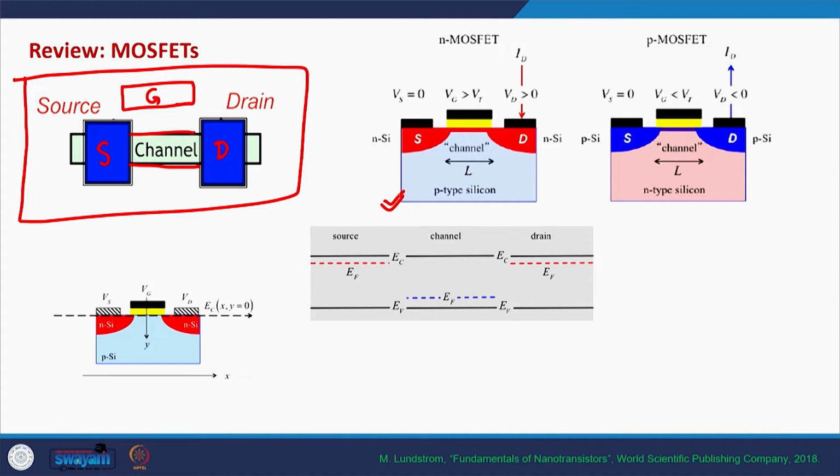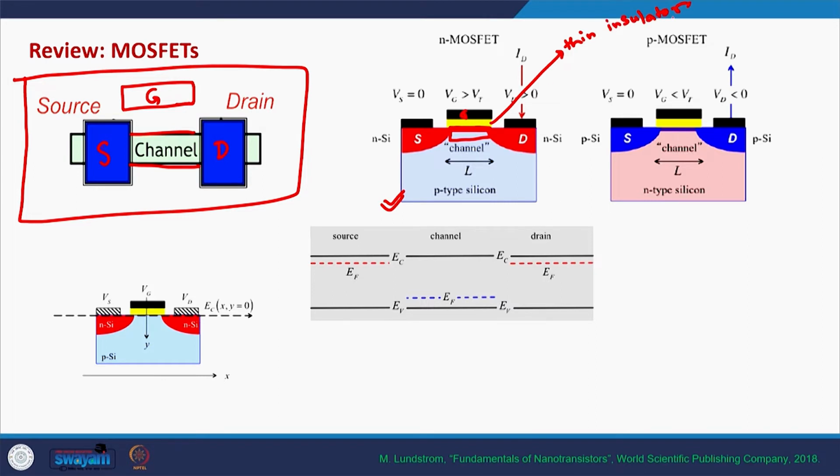We have a semiconductor substrate. In this case, there is a p-type semiconductor substrate, and in this substrate we have an n-type source contact and an n-type drain contact, and between the source and the drain contacts, this region is known as the channel region. The channel region is primarily controlled by the third terminal, known as the gate terminal, which is isolated from the channel by a very thin, extremely thin oxide or insulator.